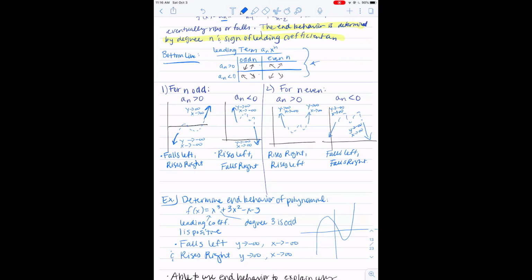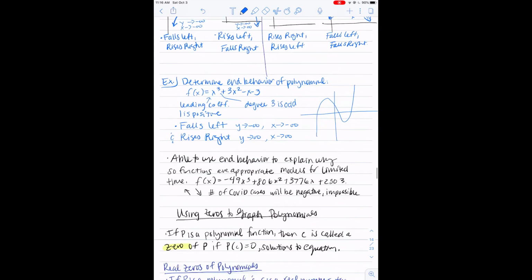Now for n even, if an is greater than 0, it's going to rise left and rise right. If an is less than 0, we're going to fall left and fall right as well. That's also this part of the graph. So this is a good short version to remember for our end behavior.